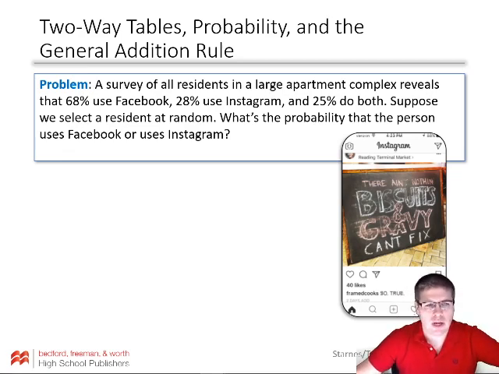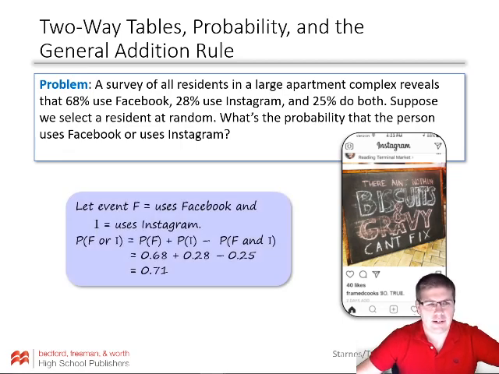We can just use our new general probability rule where we add the two and subtract the overlap. If event F is that they use Facebook, the probability of F is 68%, and I is Instagram, so the probability of I is 28%, and 25% do both. We end up with 71% once we add those up and subtract.